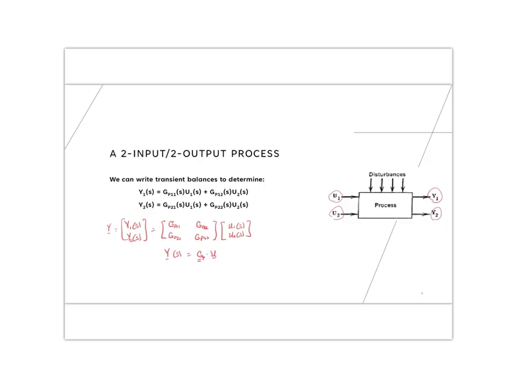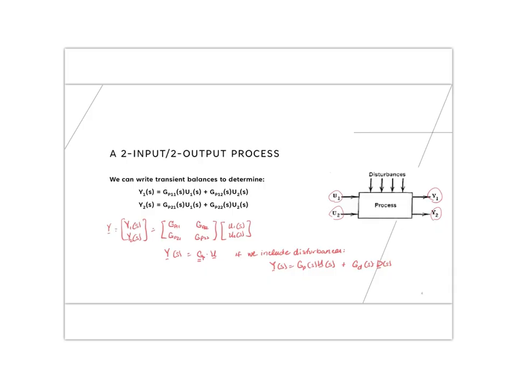And of course, if you want to account for disturbances, I might write Y of S is equal to GP of S, U of S, plus G for the disturbances times the disturbance vector. So this is a notation that we can use.